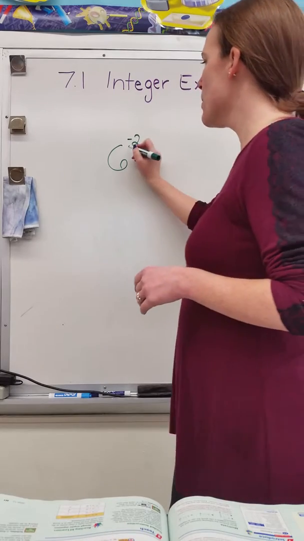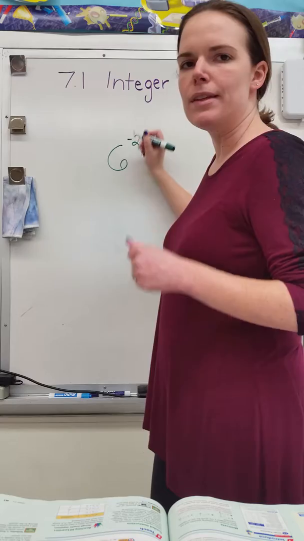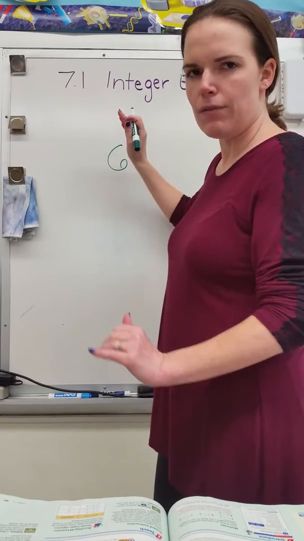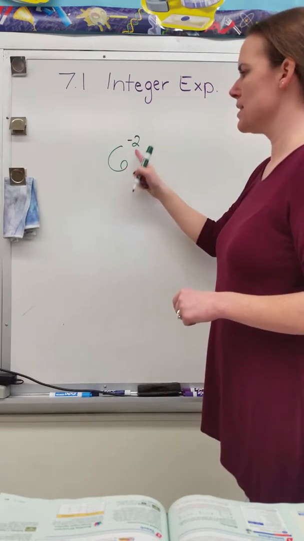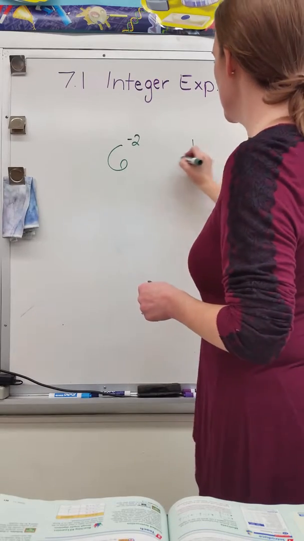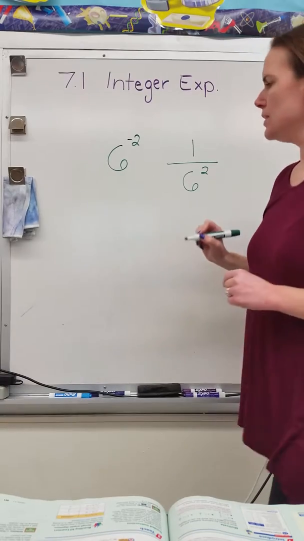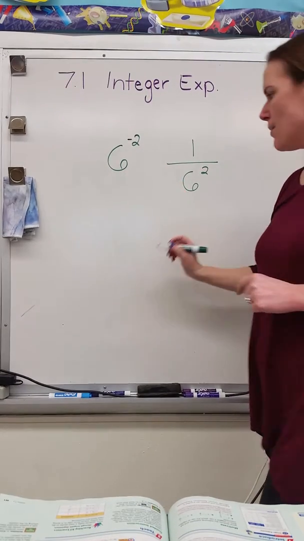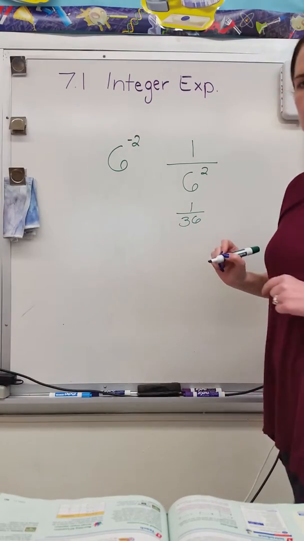What negative exponents actually tell you to do is put it on the other side of the fraction bar and make it positive. So if you have 6 to the -2, you take 1 over 6 squared. So your answer to 6 to the -2nd power is 1 over 36, or 1/36.